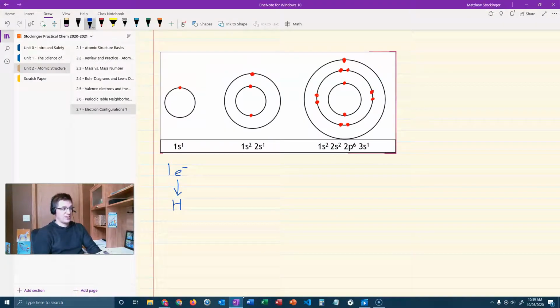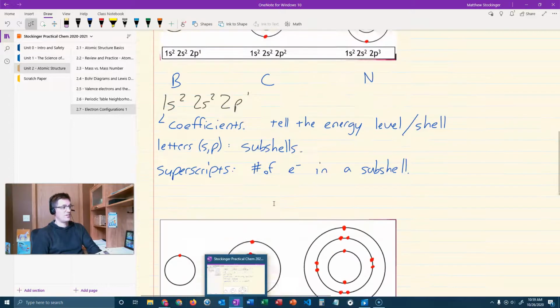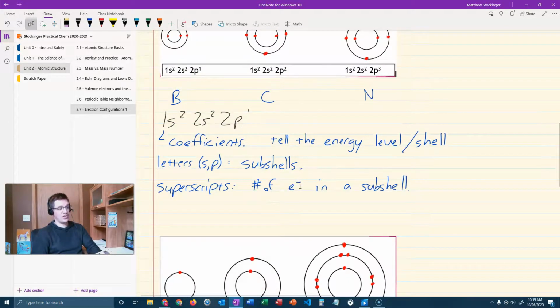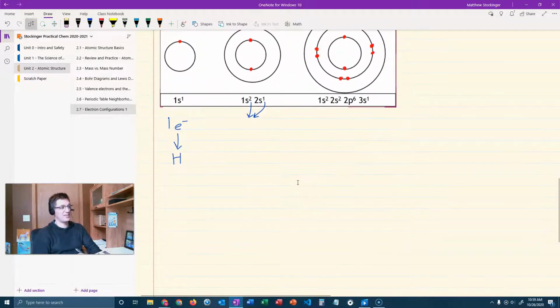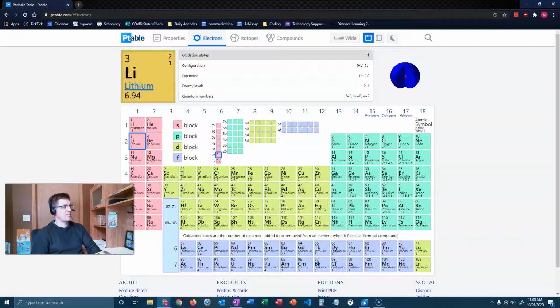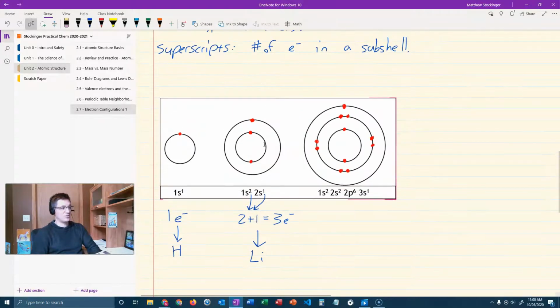Without a Bohr diagram, though, you can still count electrons. 2 electrons plus 1, because remember, the superscripts tell us the number of electrons in each subshell. So 2 plus 1, I get 3 electrons. And number 3 on the periodic table is lithium. Double check that. There's the number 3. It's lithium. So that time I didn't use the picture.